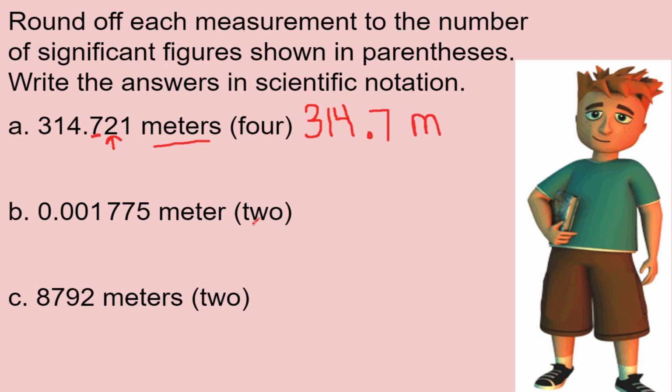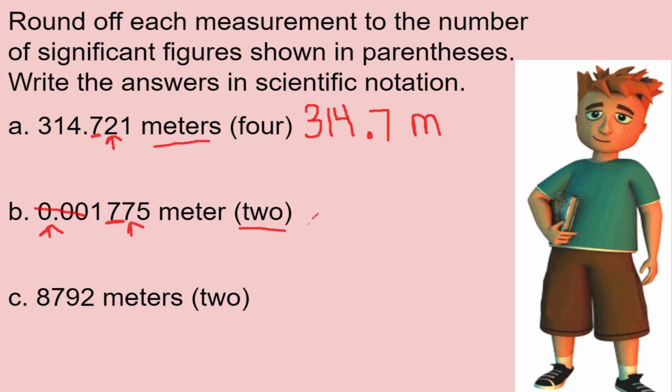For the next one here, 2 significant digits. This one might be a little bit tricky because remember, these are leading zeros. If we wrote this in scientific notation, they'd go away. So those are not going to be significant. So we have 1, 2. So this is going to be our second significant digit. After that comes a 7.